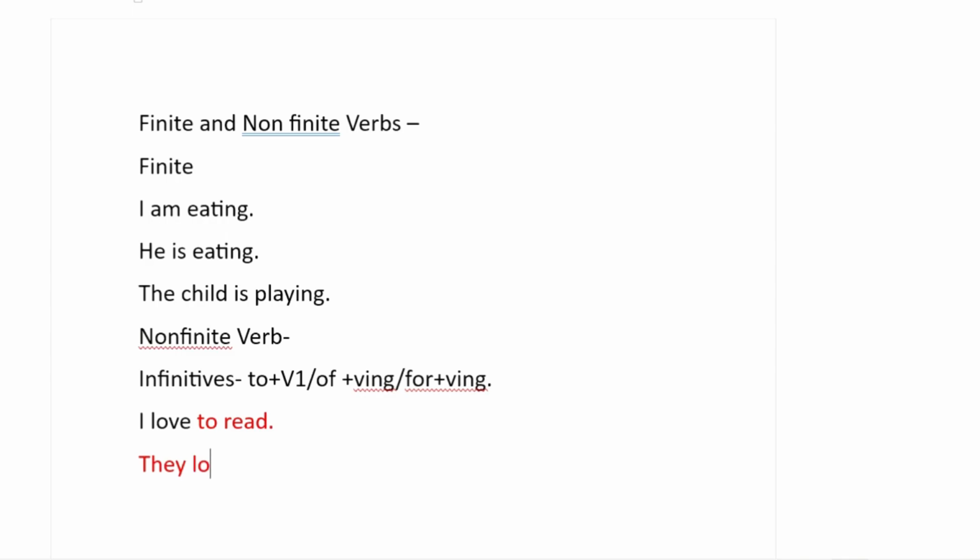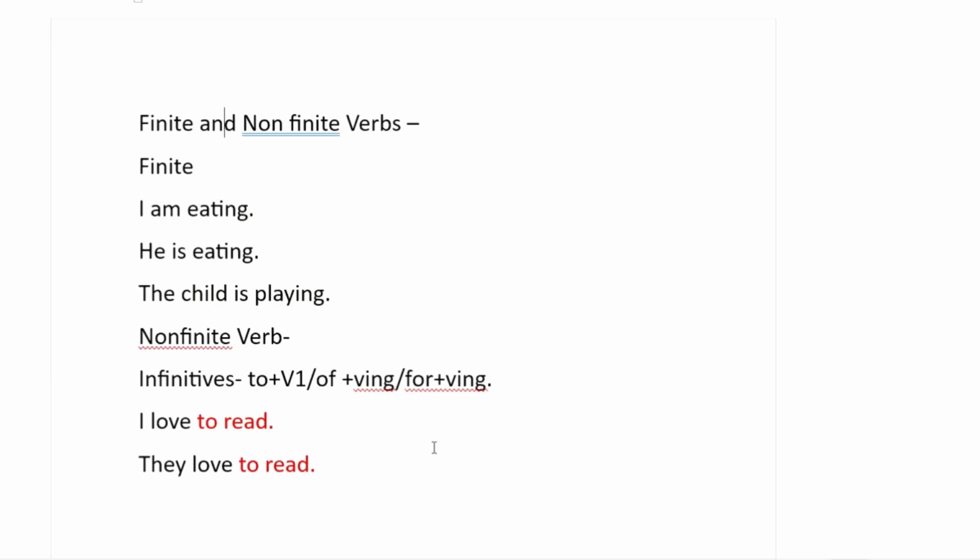Then also the infinitive will be the same. To read remained the same. It did not change even though I changed the noun number. So with I love, it is to read. If they love, then also it is to read.